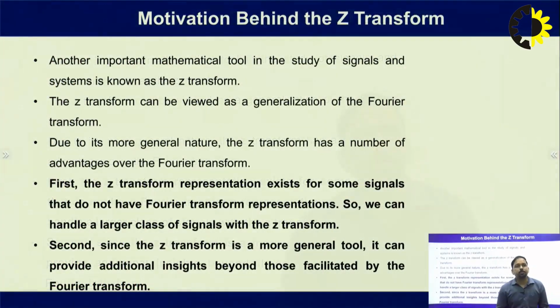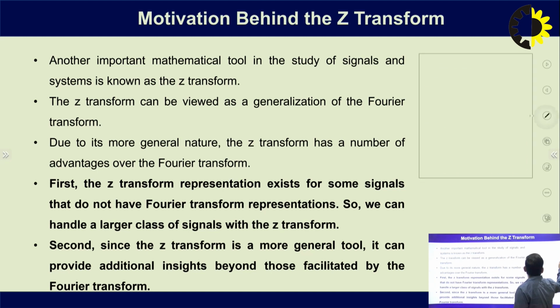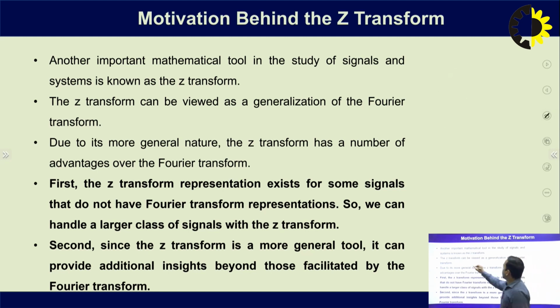Z transform is again an important mathematical tool for the study of discrete time signals. We can see that it is a generalization of the Fourier transform. The Fourier transform I am talking about here is basically the DTFT, discrete time Fourier transform.